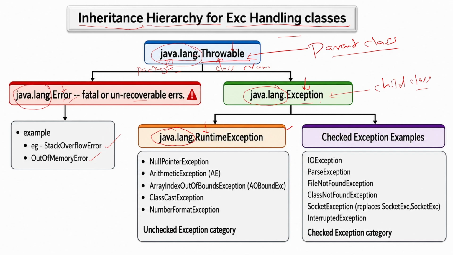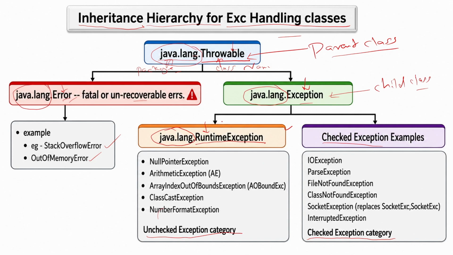And for exception, we have another bifurcation, that is runtime exception or checked exception. You can think of it like this: this is the Exception class, and Exception is further divided into checked exception and unchecked exception. This category is the unchecked exception category, and this category is the checked exception category. Now you must be thinking, what is this checked and unchecked?